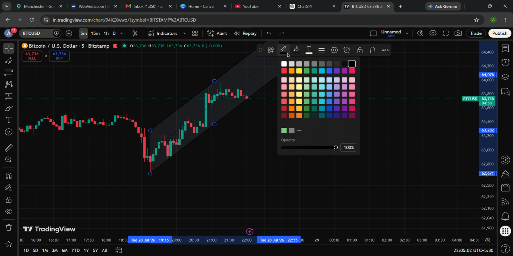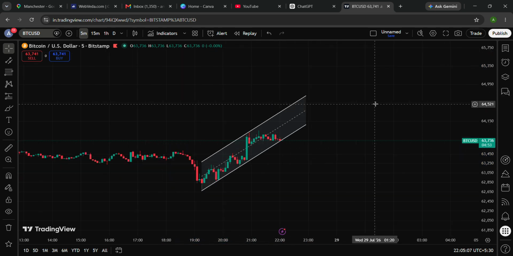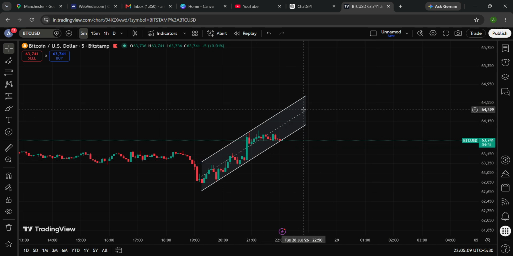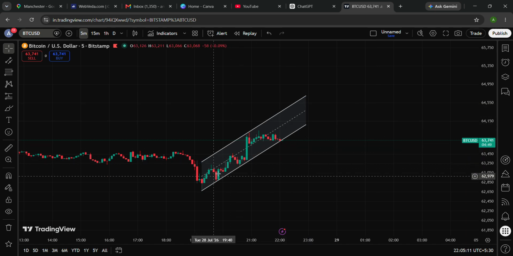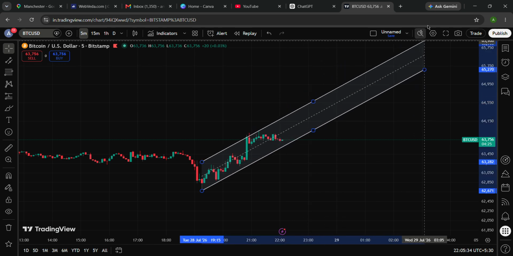So you can see that the price is moving in an upward direction. If the price retraces from that parallel channel support level, it could hit the resistance level of the parallel channel, and then it could keep moving inside that channel as long as it wants.